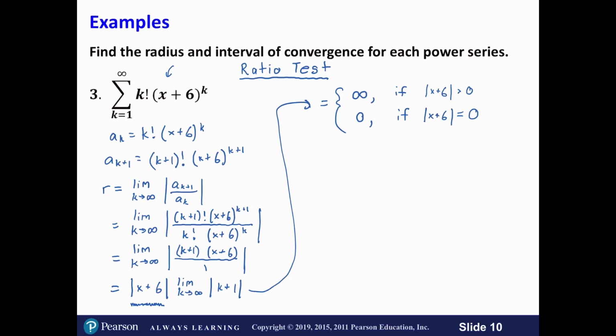Alright, so the way to think about this is that this entire thing is infinity if x is not equal to negative 6, and it is 0 if x is equal to negative 6.